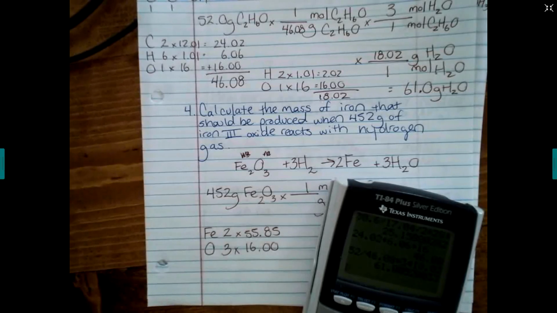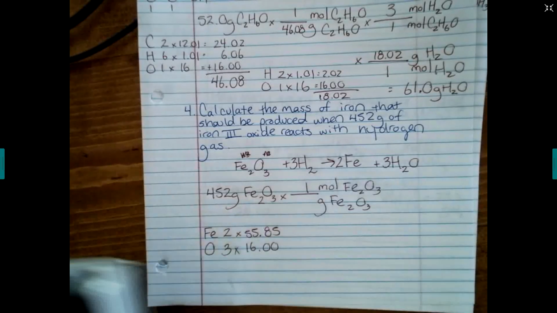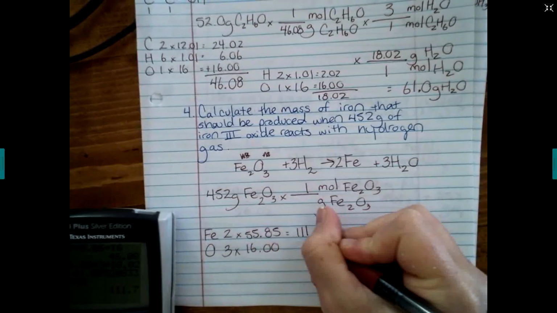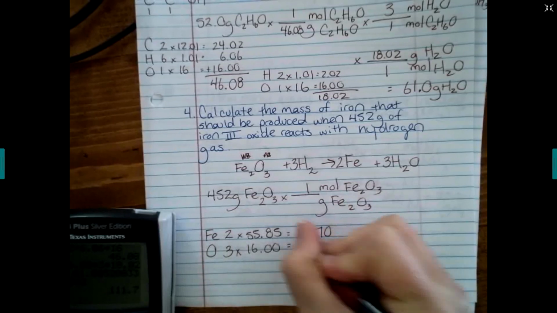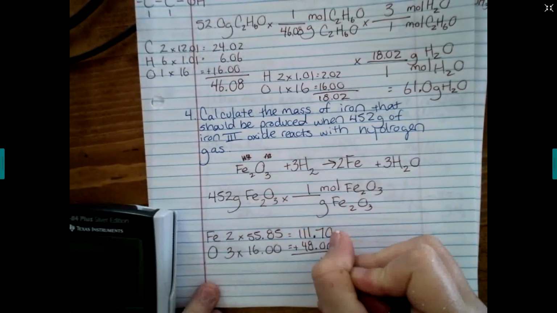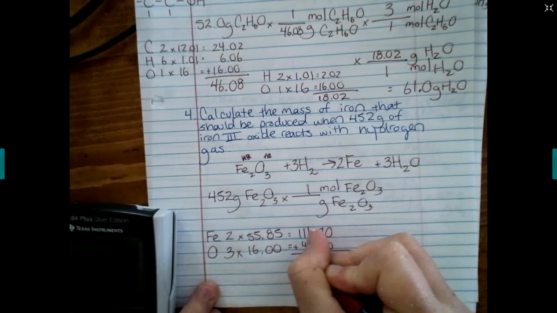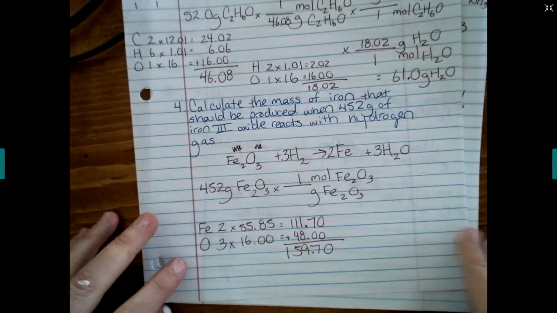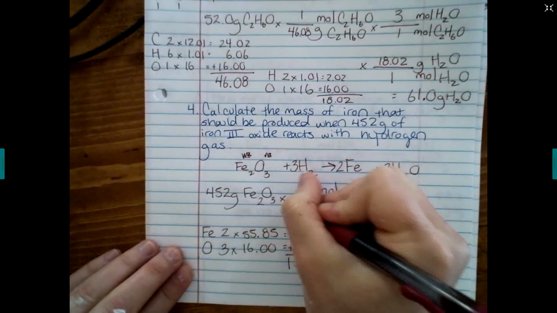Those are from the periodic table. 55.85 times 2 gives me 111.7. Here I get 48. So I get 159.7 grams.